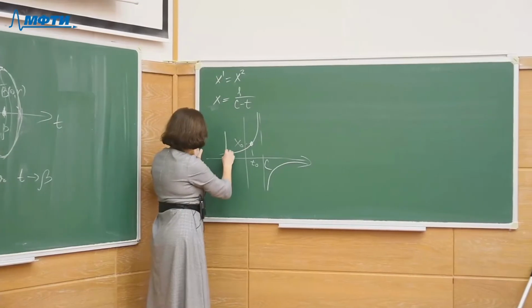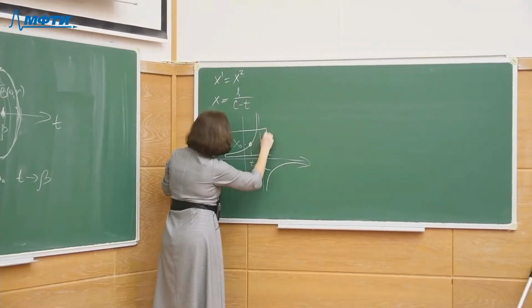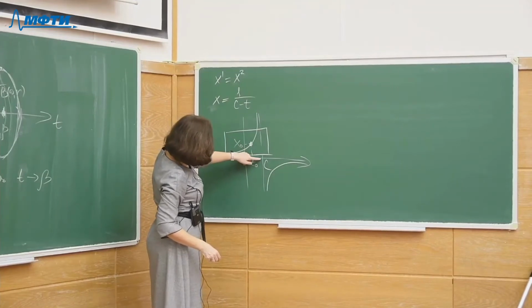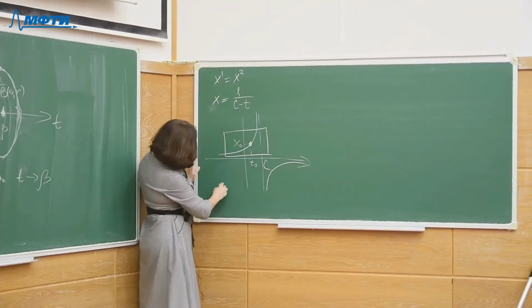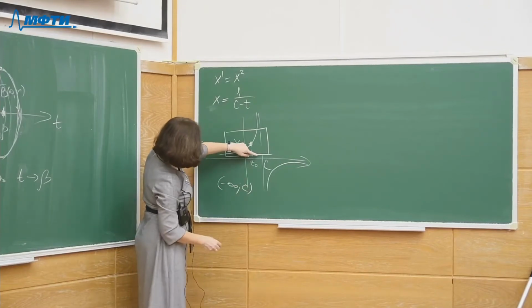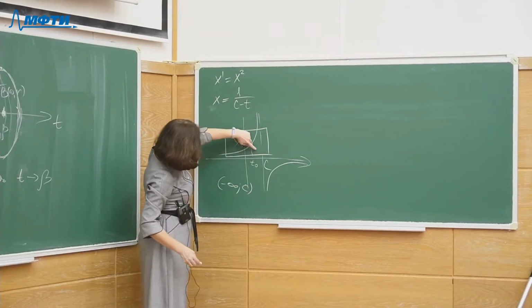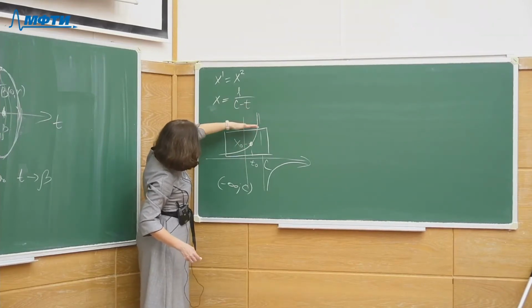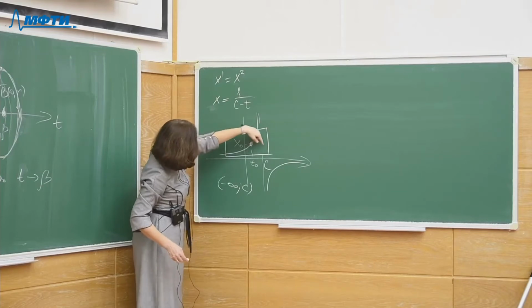For example, if we consider this compact set, we can see that the maximal interval is from negative infinity to c, right? And so this means that we must leave this compact set through the upper bound, not the lateral bound.